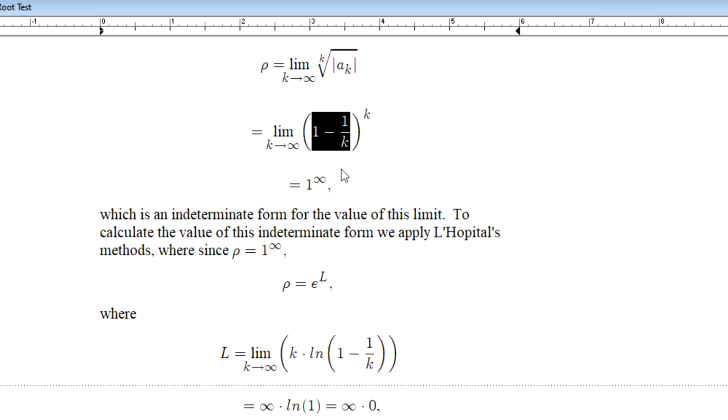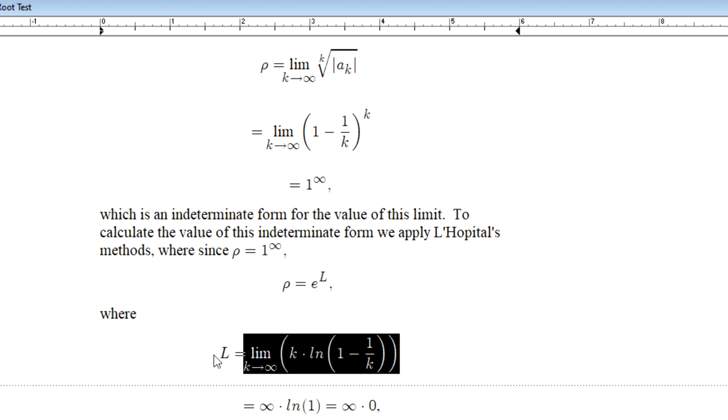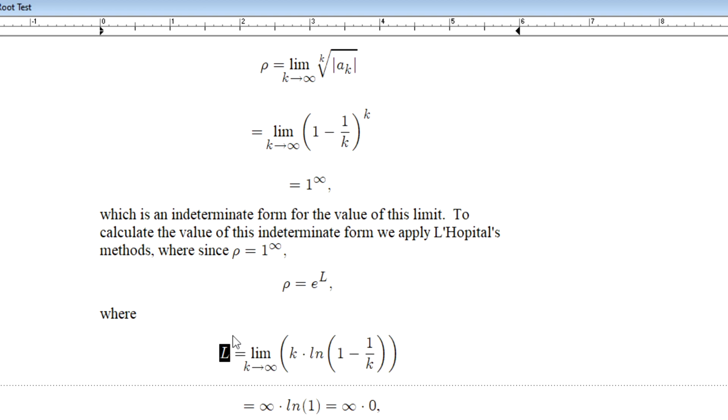What we're doing here, in a sense, is an exponential transformation, recall, in our L'Hopital's method. It's going to be this power of k times the ln of this argument in our method. That's going to be the limit we're interested in finding for the value of L.